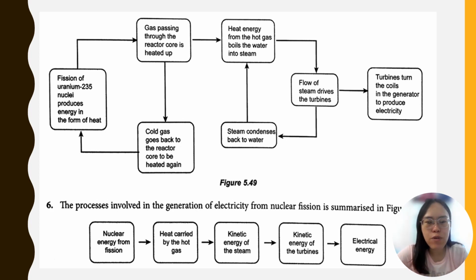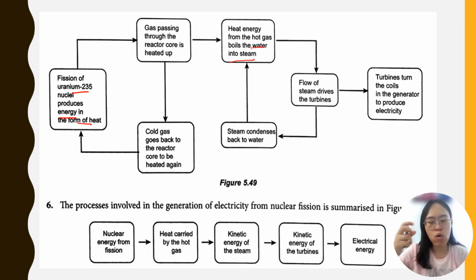Okay, so the fission of the uranium-235 produces nuclear energy. And 这个 nuclear energy 呢 in the form of heat. And 这个 heat 呢就会 pass to the steam generator，steam generator 里面其实是 filled with water 来的。Okay, then 这个 heat energy from the hot gas that is produced by the uranium-235, 它就会 boil the water into steam.